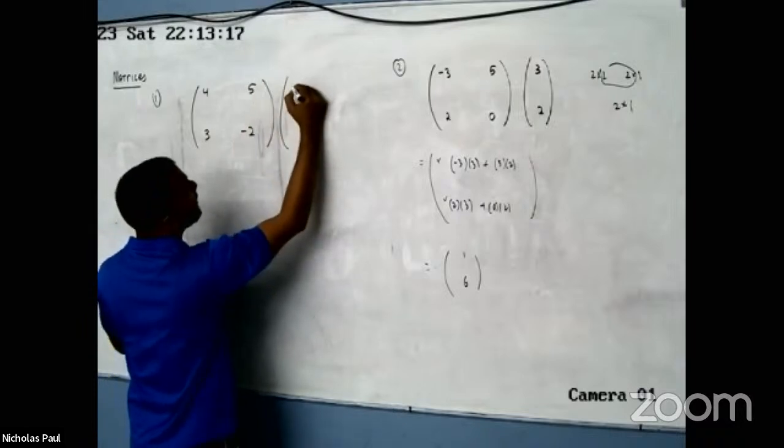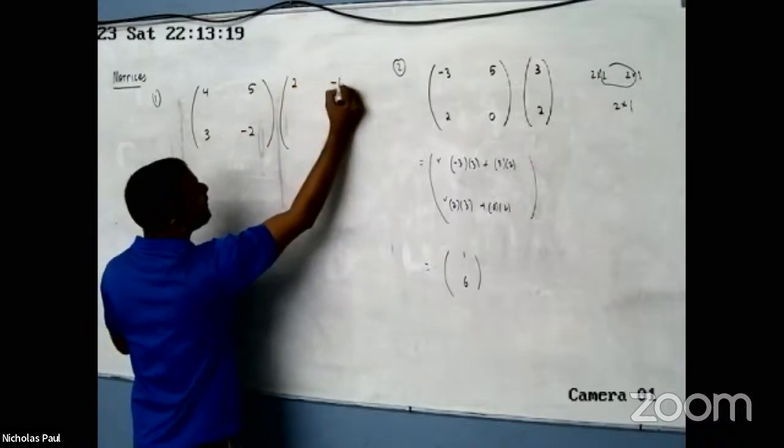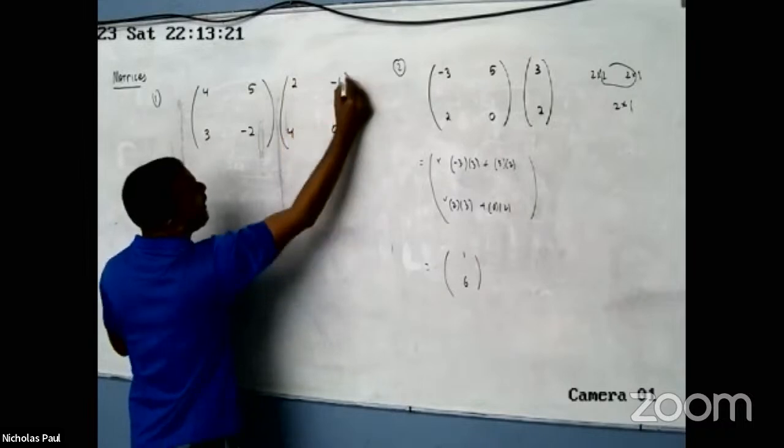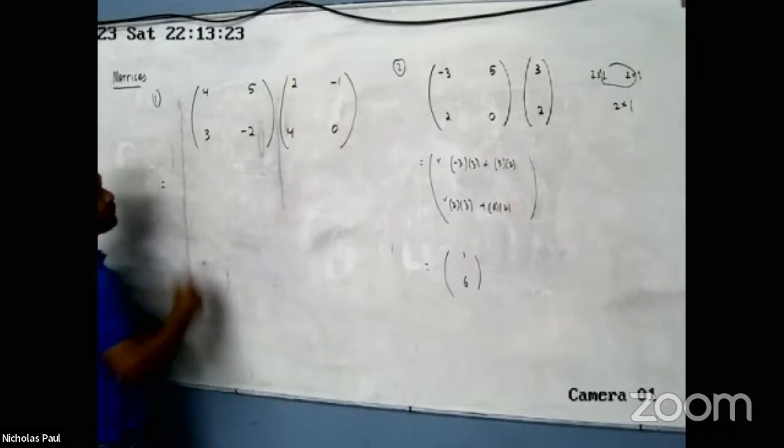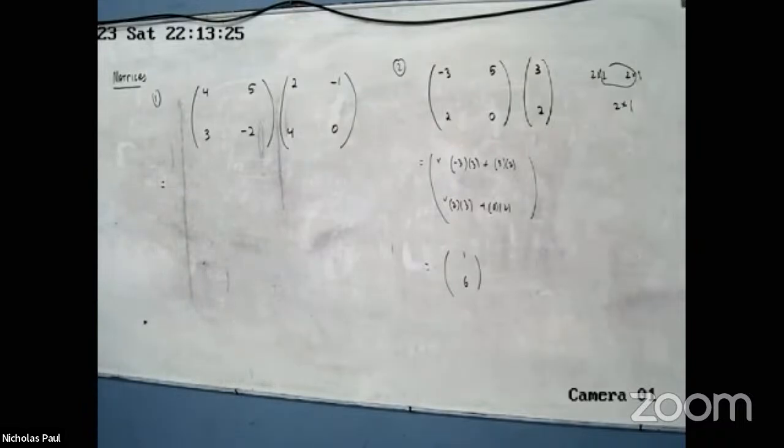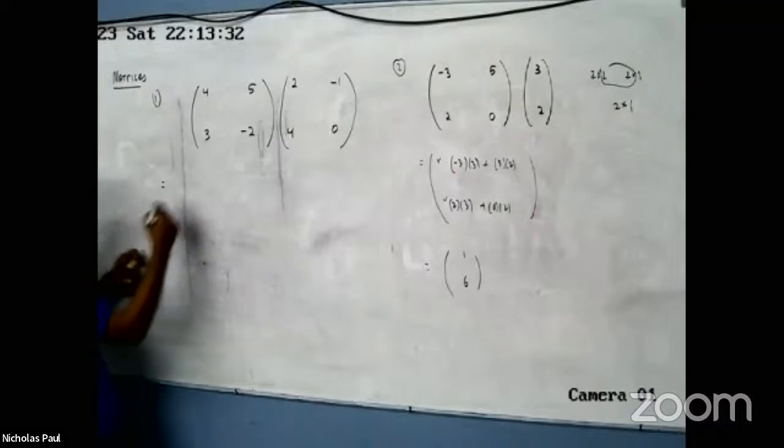Are they conformable? Yeah. A 2 by 2 by a 2 by 2 is conformable, right?